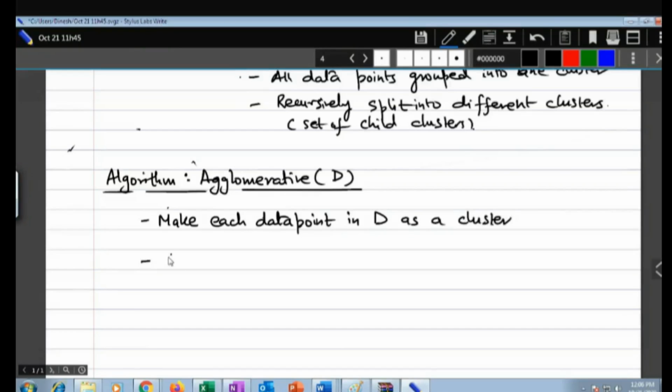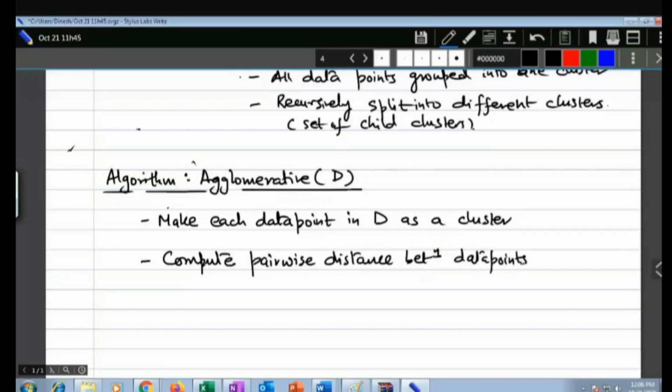Then you compute the pairwise distance between data points. And then this is the recursive step.